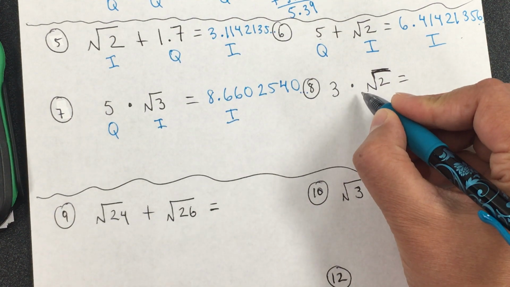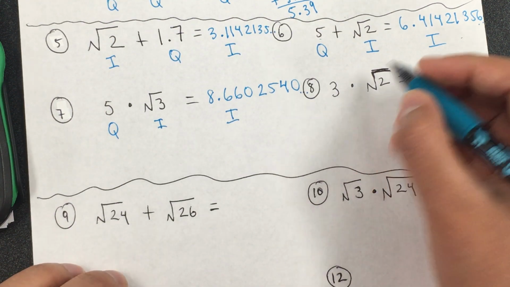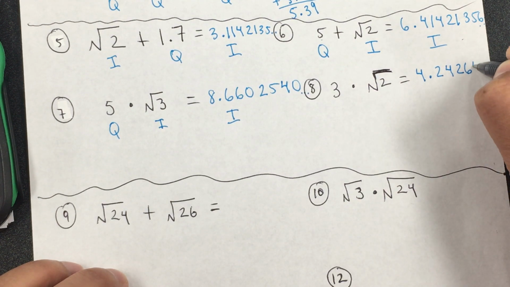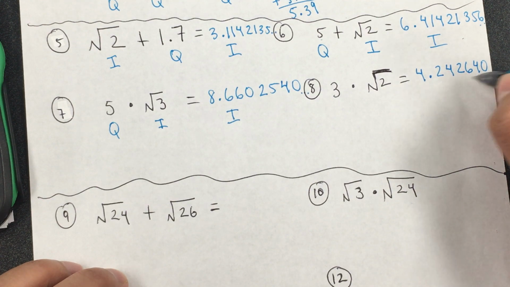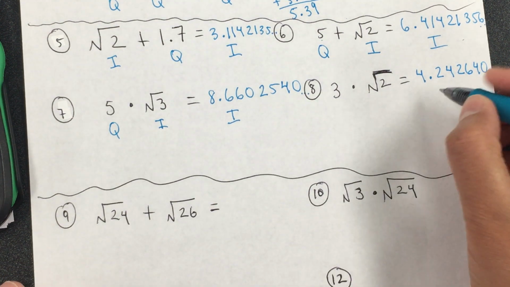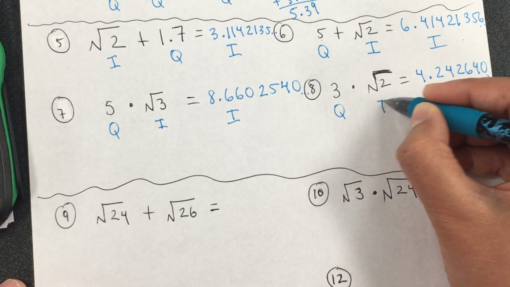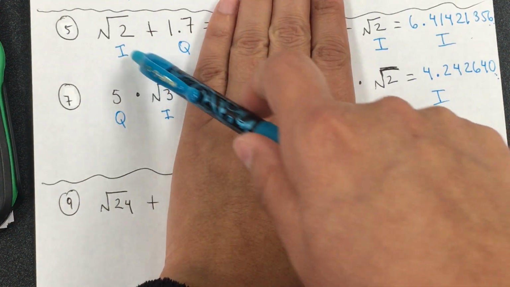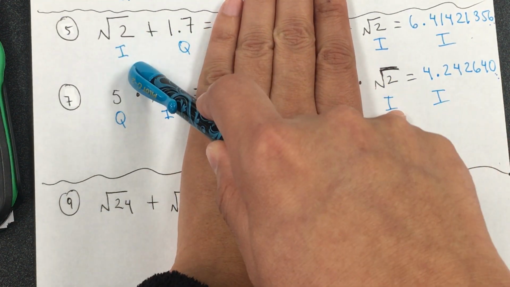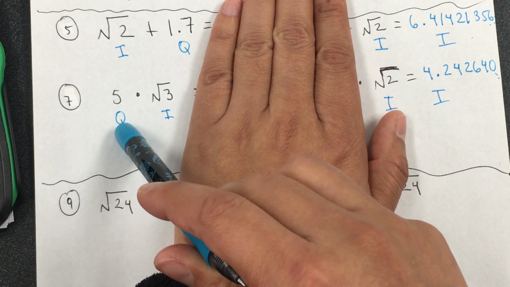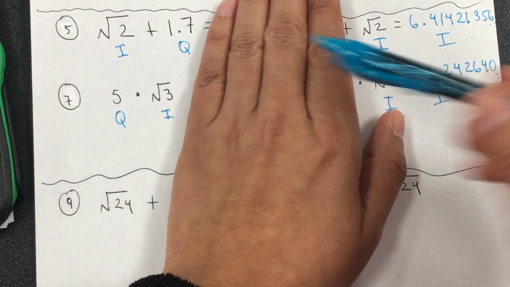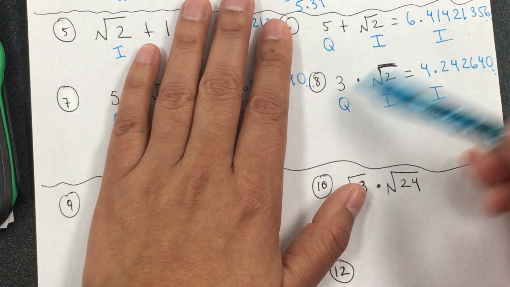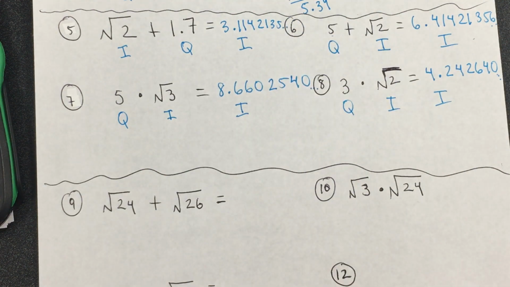The next one, 3 times square root of 2 equals 4.2426406, etc. So we have a rational, irrational, irrational. So notice when I'm adding one rational with one irrational, or multiplying one rational with one irrational, at the end the answer is always irrational.